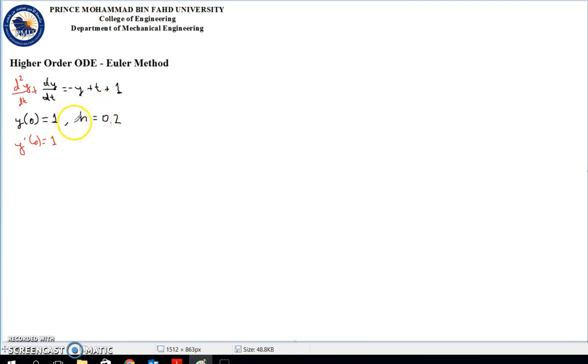It will help a lot if we define a new variable, u, and say that u equals y prime. Now we can rewrite this ODE as u prime plus u equals minus y plus t plus 1.